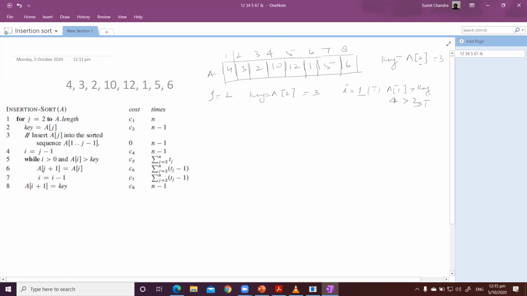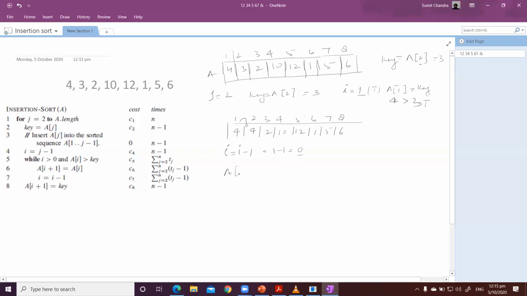When the condition is true, I copy a[i] to a[i plus 1]. So this one is copied here, and i decreases: i is equal to i minus 1, that is 1 minus 1, which is 0. As soon as i becomes 0, we come out of the loop and write a[i plus 1] is equal to key.